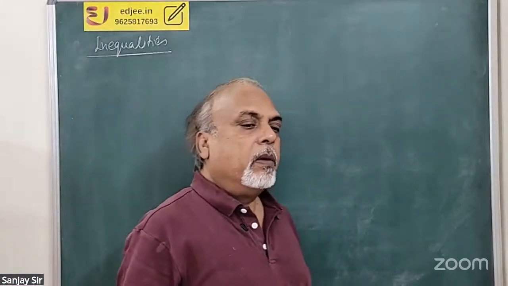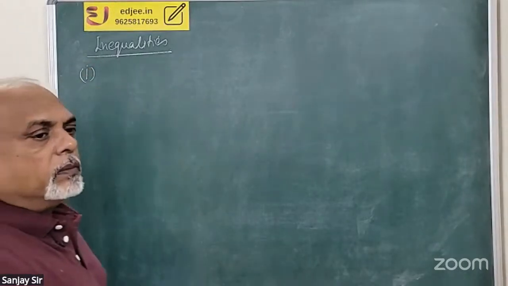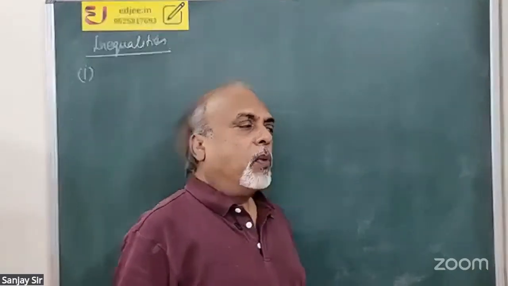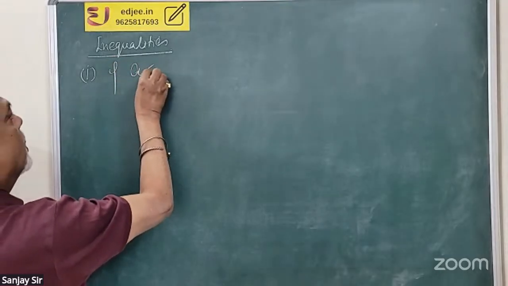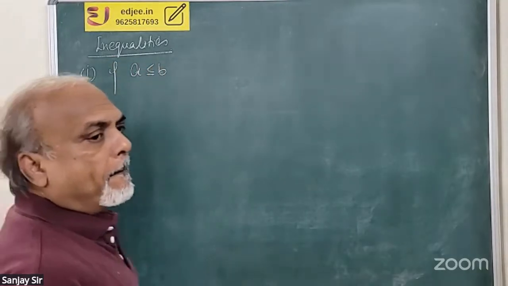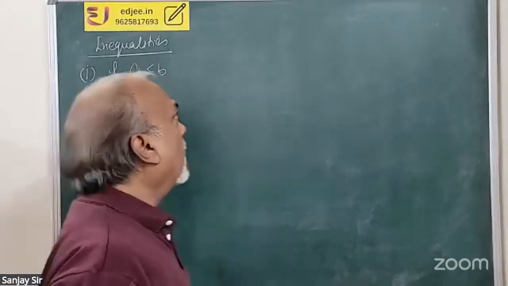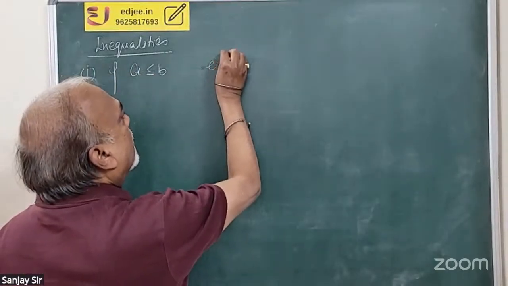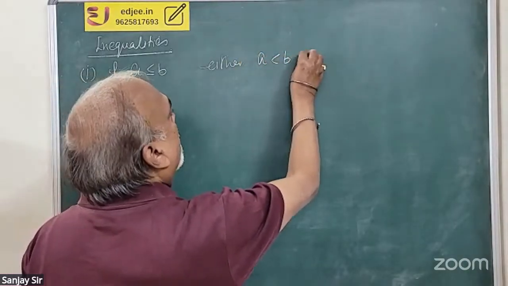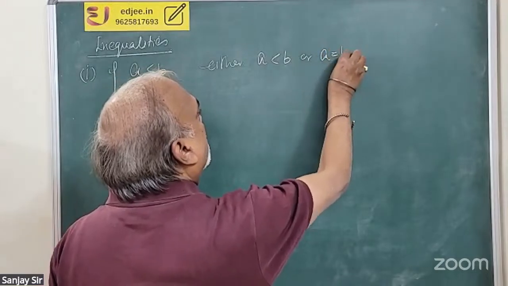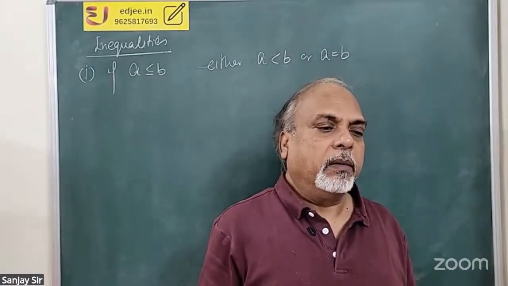Suppose A and B are two quantities. This means that either A is less than B or A is equal to B. Only these two things can be there.